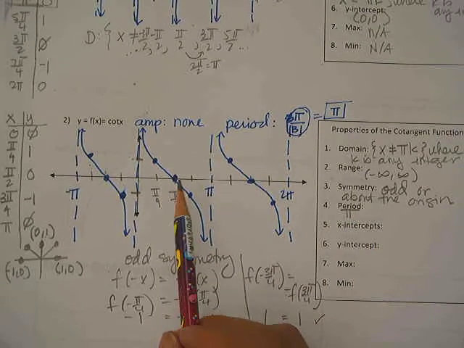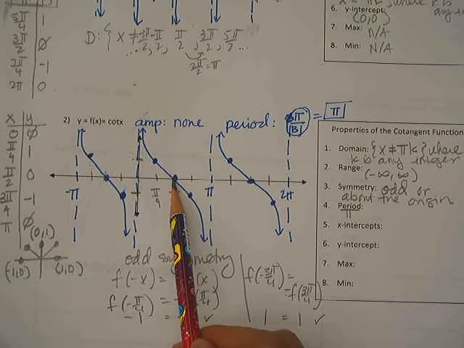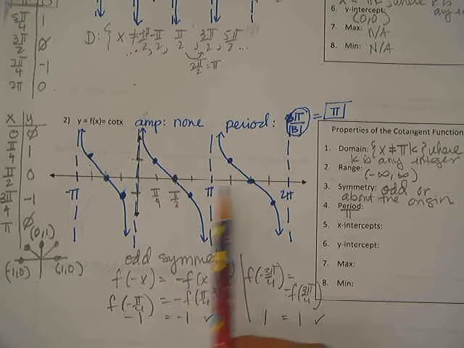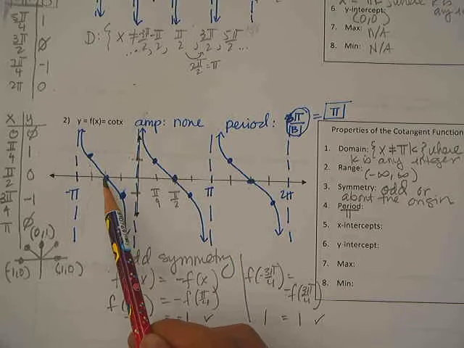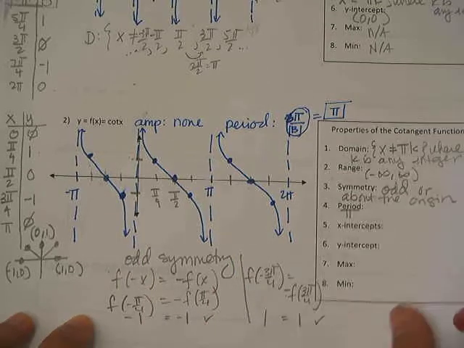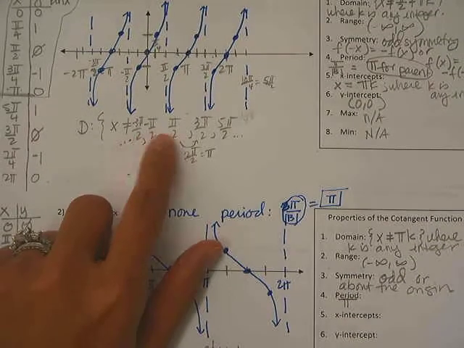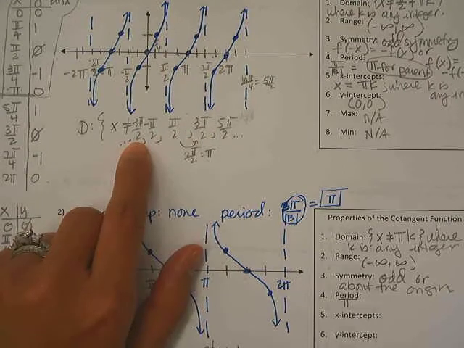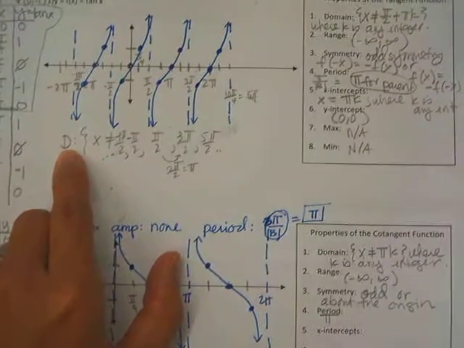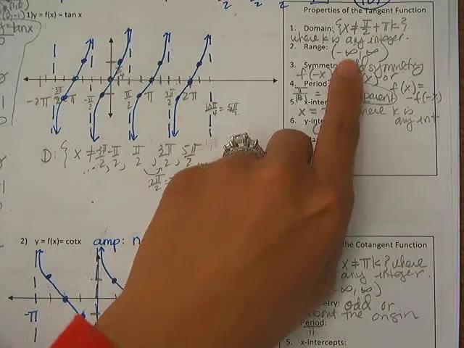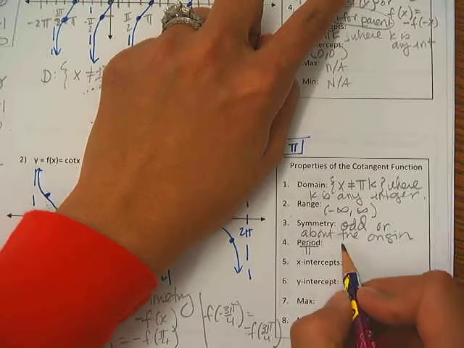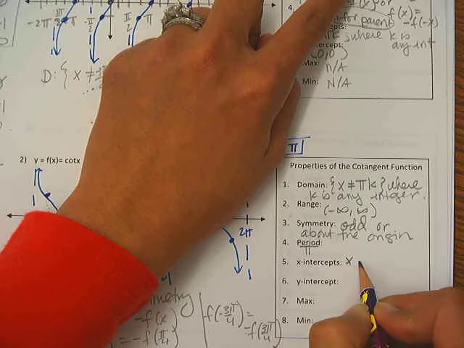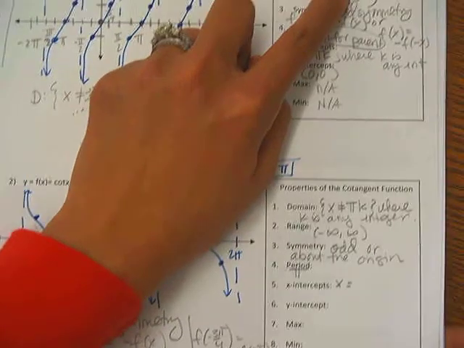X-intercepts. The x-intercepts look like they are at pi over 2, 3 pi over 2, and negative pi over 2. So if you look at this, don't we already have something that's dealing with pi over 2, 3 pi over 2, and negative pi over 2? It looks like it was the domain, right? So we can just use the domain equation to list out all the x-intercepts. Let's move it down a little bit.